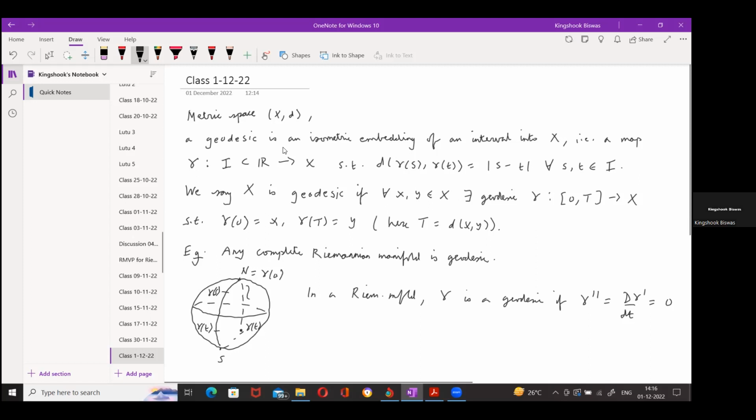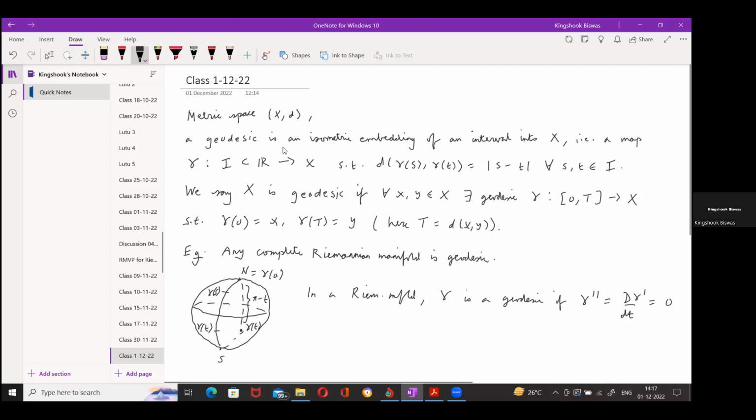This length here. Okay, this is the shorter path, right? So the distance is the length of the shortest path. So this geodesic is no longer the shortest path when time is bigger than pi. So it's not a geodesic if I consider it as a map defined on the whole real line.